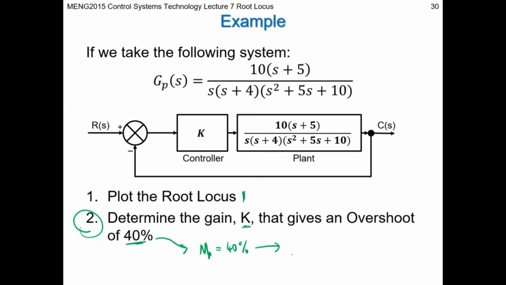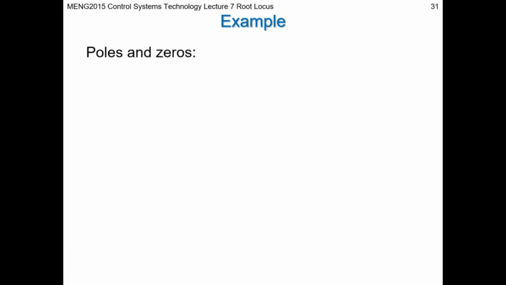We have to find out what damping ratio is going to give us an overshoot of 40%. We can use our second order systems data to get an idea, or we can use our equations from the transient response lecture to get a more precise calculation. So we're going to get our damping ratio zeta.